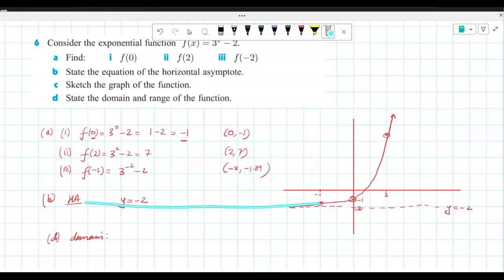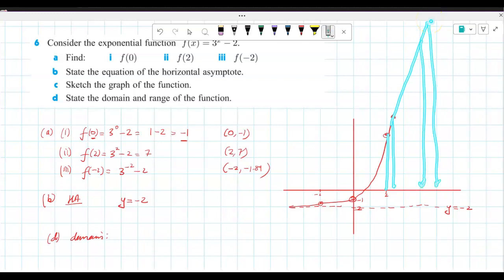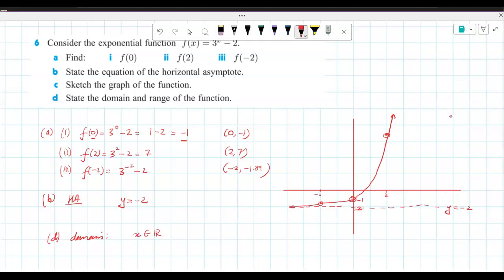The graph goes anywhere. What is the maximum value of x? The graph doesn't stop there, it goes on. So your answer is x belongs to the set of real numbers, all possible values. Is that always what the domain will be in an exponential function? Yes, x belongs to the set of real numbers.